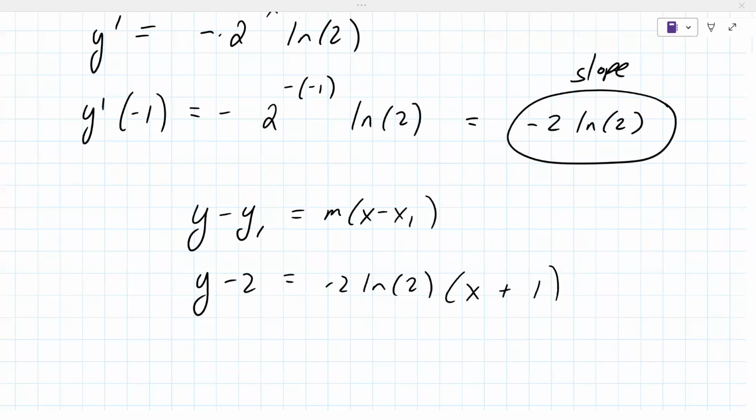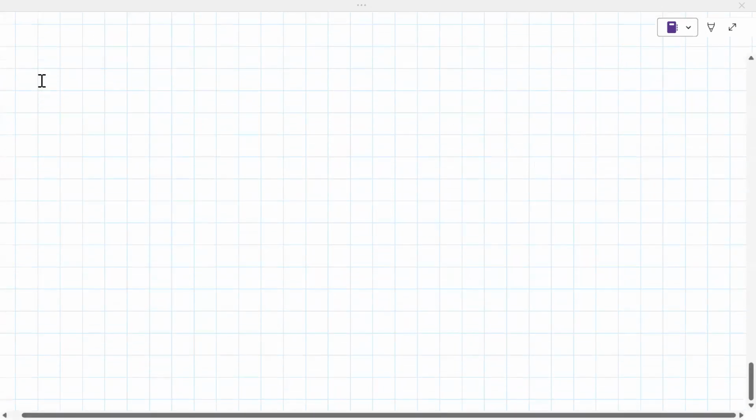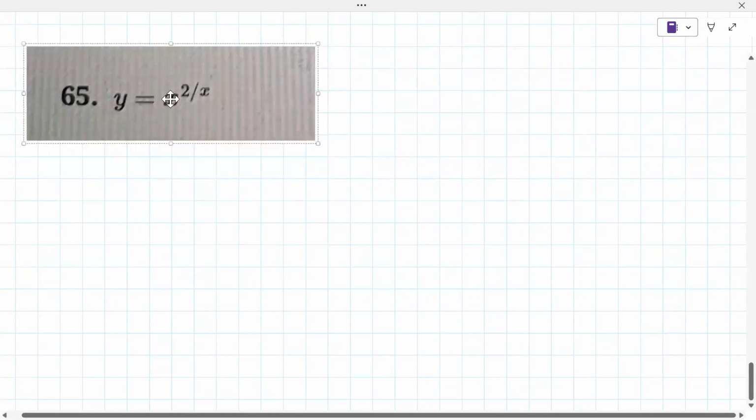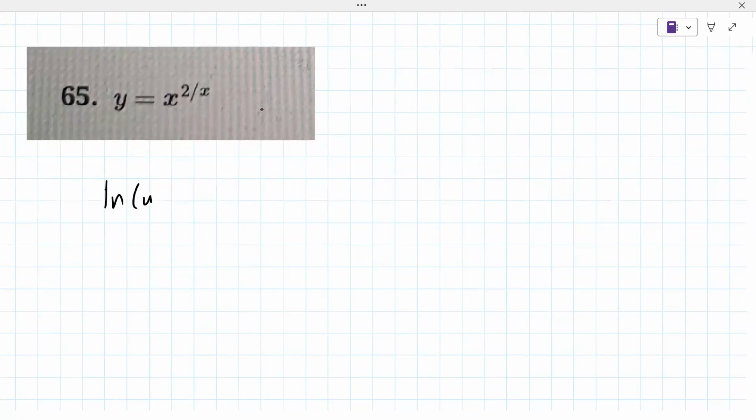Okay. This is a classic kind of test question, which we've done a few times here. So the first thing is you take the natural log of both sides of the equation. And you can bring the exponent out in front.